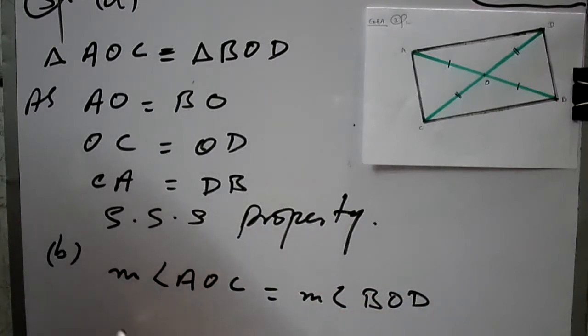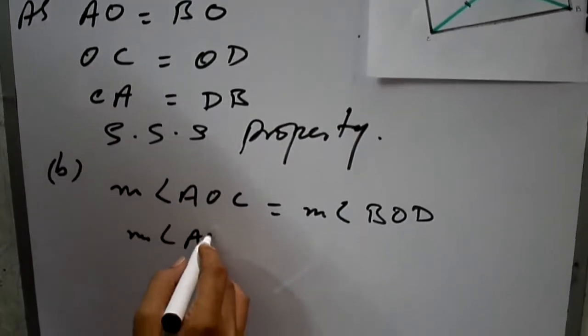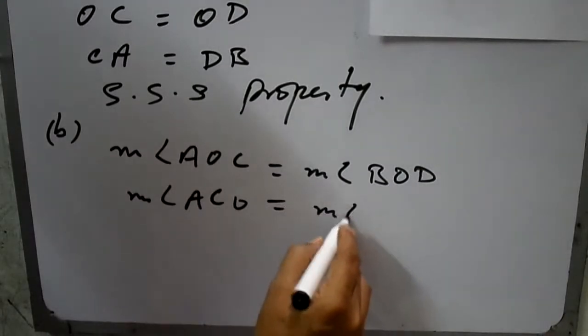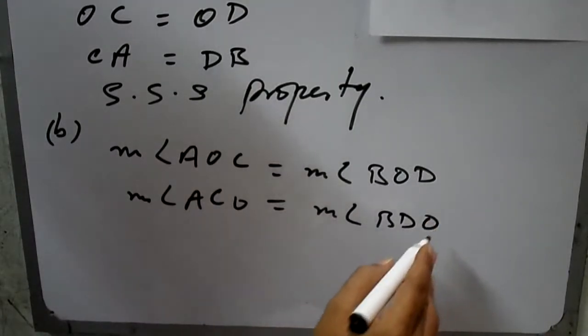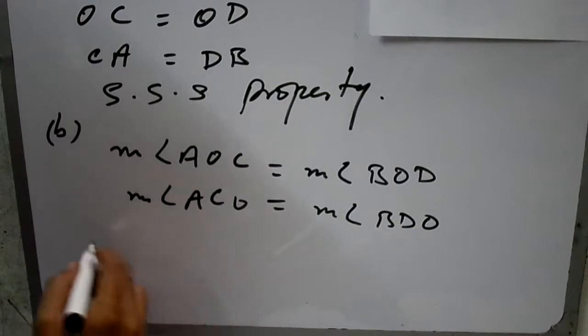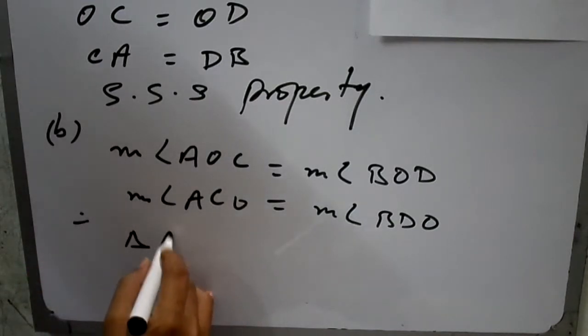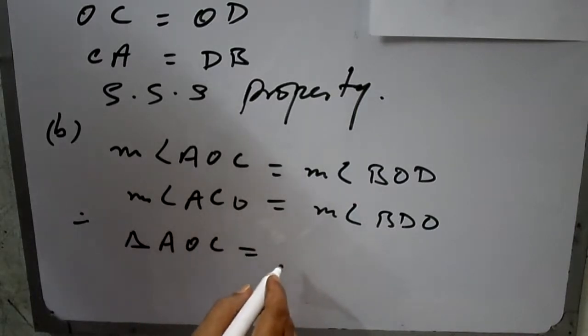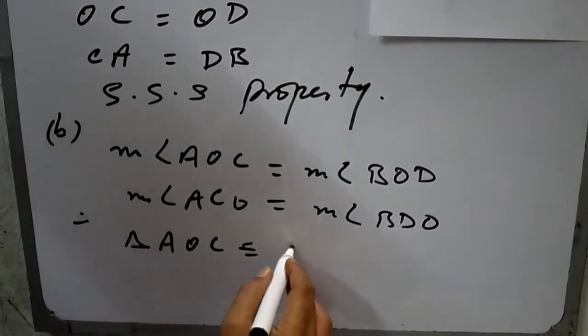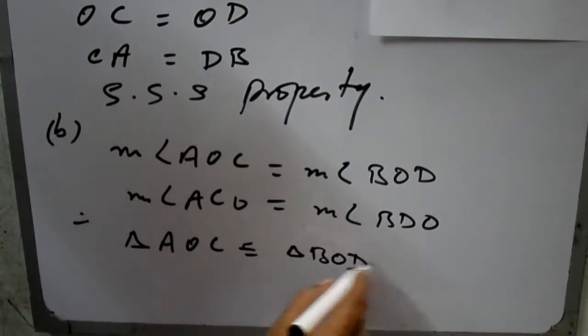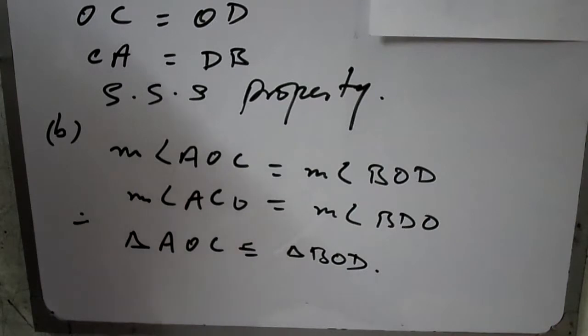Similarly, another angle, that is angle ACO, is congruent to angle BDO. Therefore triangle AOC is congruent to triangle BOD, because two angles and one side are congruent to each other, so that's why both the triangles are congruent. So that is the reason.